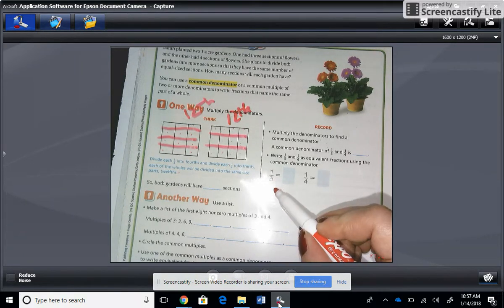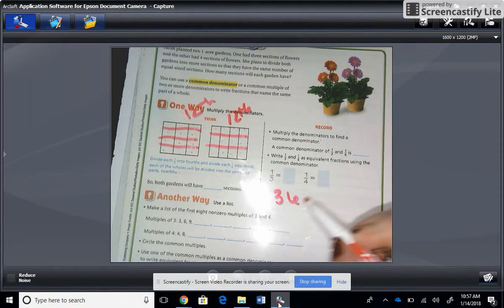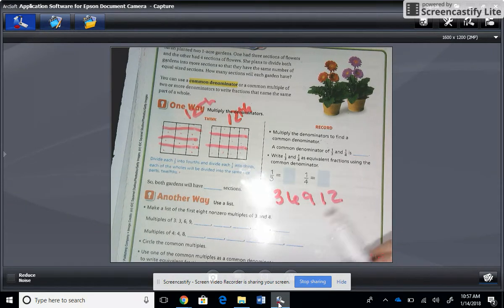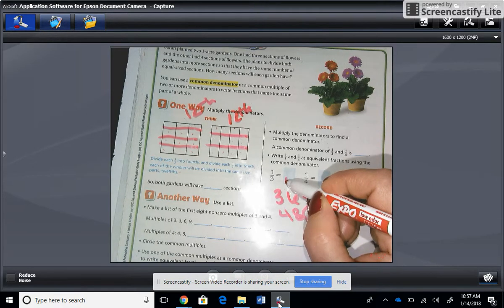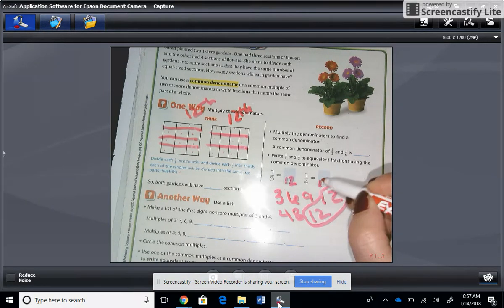Remember when we found equivalents, we did 3, 6, 9, 12, and then we found the multiples of 4: 4, 8, 12, and here's our least common multiple, so we know they both have 12 in common.